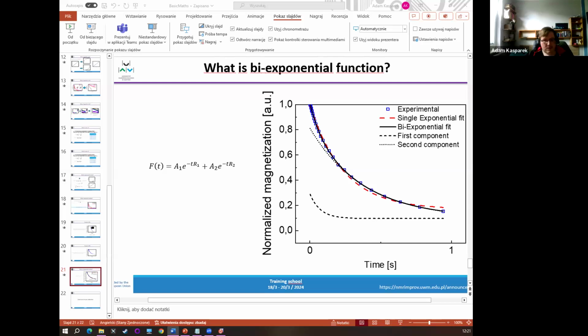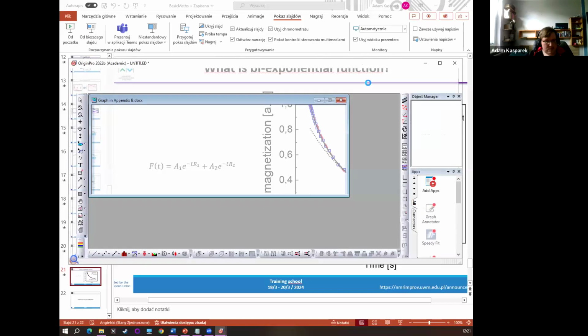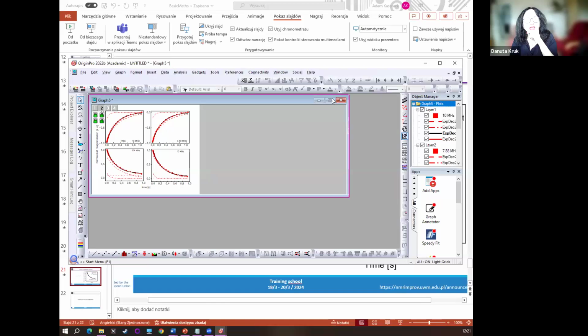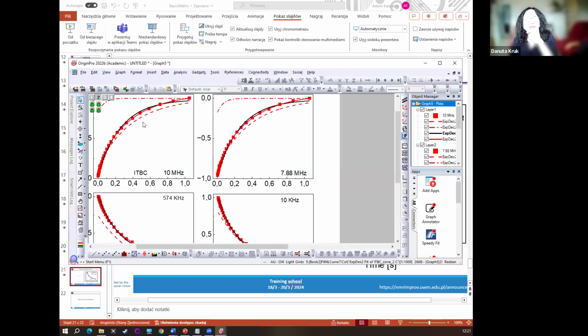I believe here I will be having some. Because stretched exponentiality is typically a really tricky thing.